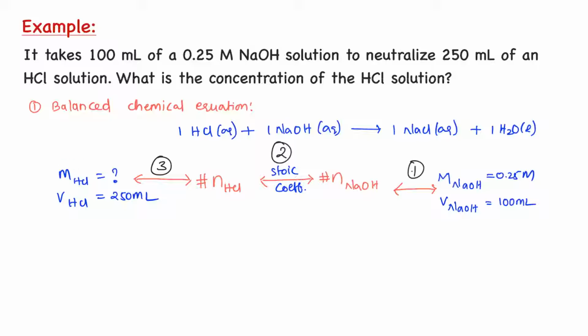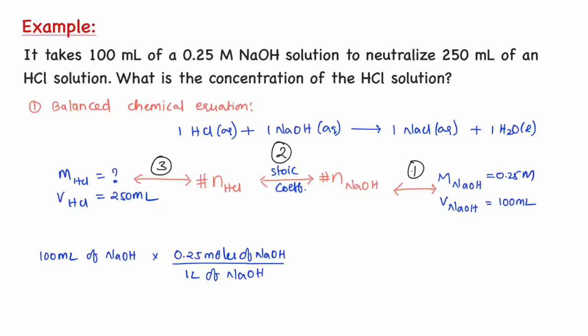We first start with the volume of sodium hydroxide solution, that is 100 ml, and we multiply this with the molarity of sodium hydroxide to get the number of moles of sodium hydroxide. The molarity of sodium hydroxide, I am going to write it as 0.25 moles of sodium hydroxide per 1 liter of solution.